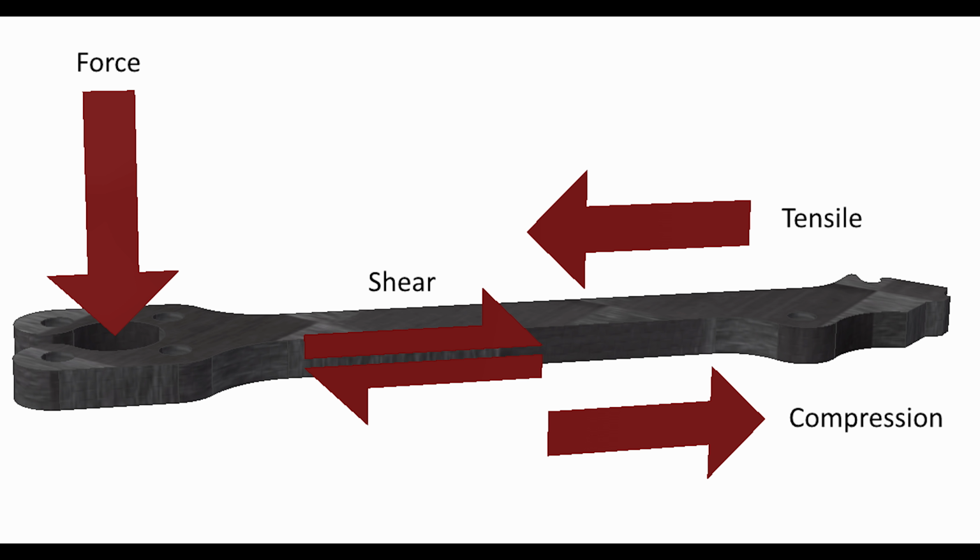But in most cases, or I would say in all cases except with our laminates, it will fail in shear first, and then it will fail on some of the other sides. So it will look like it failed in tension, but it didn't actually. That's very interesting. I didn't even think about that part that far.